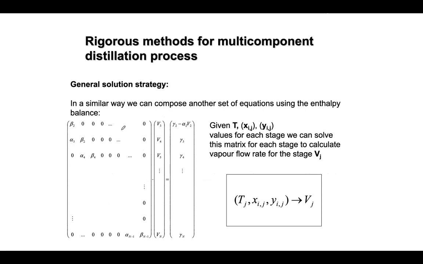That one also we can get in a similar way with the enthalpy balance there between the beta, alpha, and equal to gamma and alpha there, to find the vapor flow.